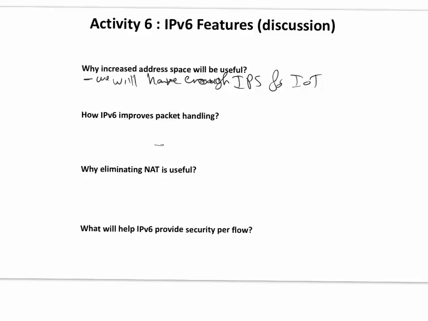This improves packet handling because I don't have to do error checking at every single hop or every single router. So less processing. The header is simplified, as an example, with no checksum, which means less processing per packet.